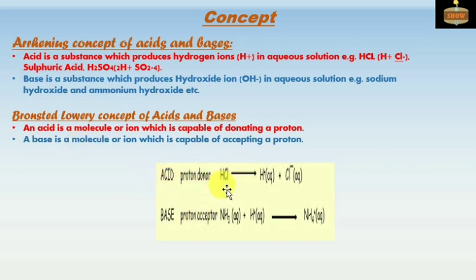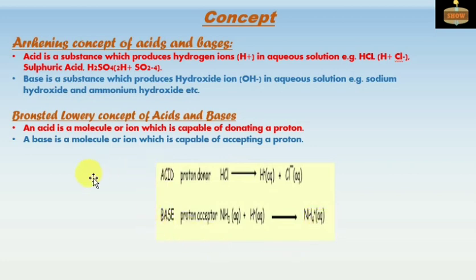You can see HCl donates its H+, that is a proton, forming H+ and Cl-. While a base is a molecule or ion which is capable of accepting a proton. So NH3 accepts a proton to form NH4+, which is aqueous in nature.